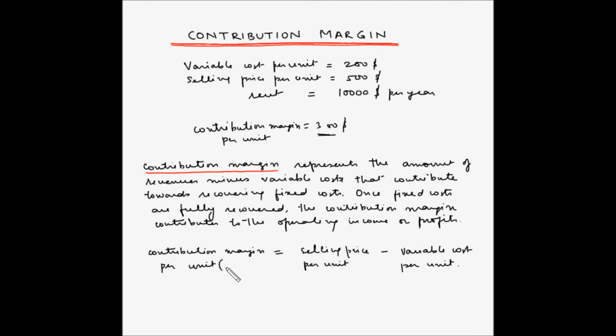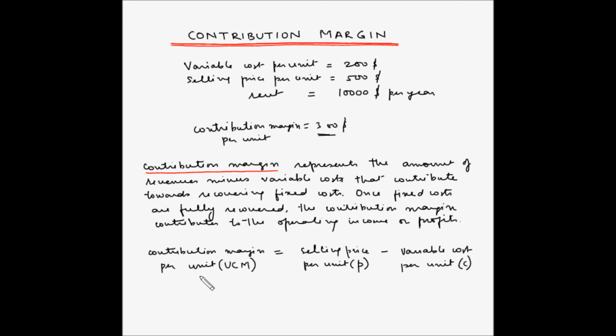Now this is abbreviated as unit contribution margin. Selling price per unit is small p and variable cost per unit is small c.